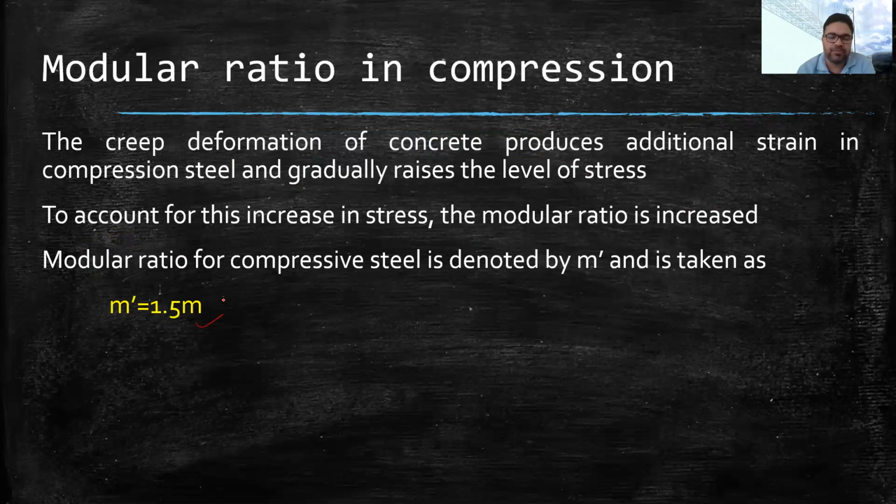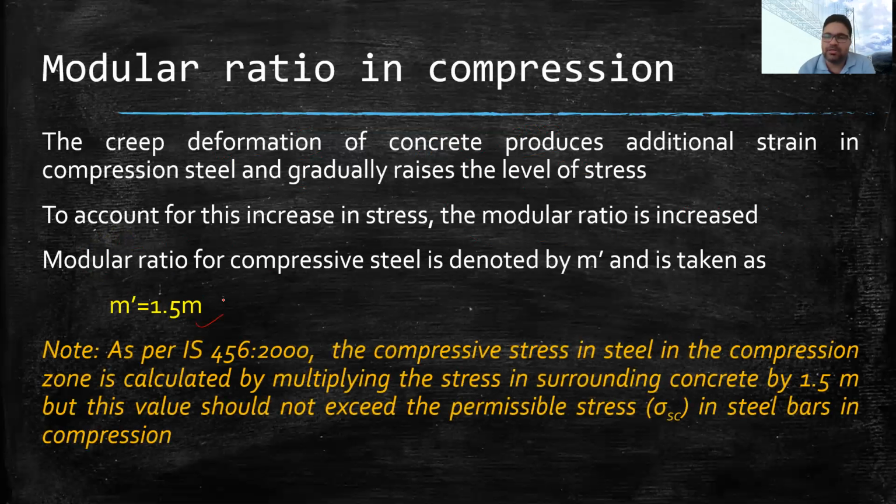of M. Also, the IS code has recommended that the compressive stress in steel in the compression zone is calculated by multiplying the stress in the surrounding concrete by 1.5 M. So we will multiply by 1.5 times of M, not by M, so that we can get the actual stress value in the compressive steel.